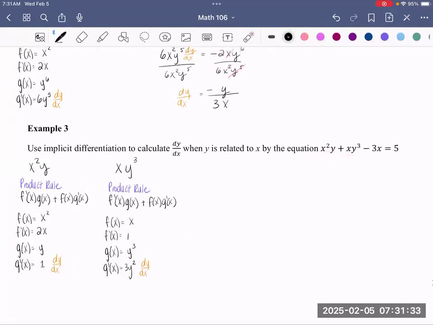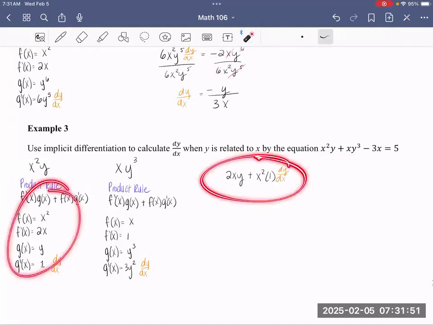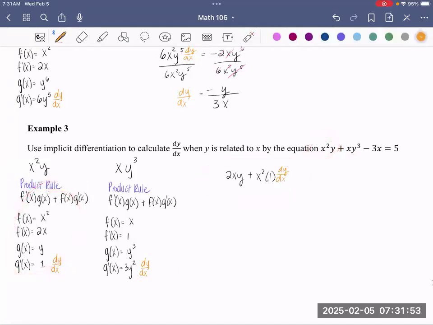So when we go to bring it back together, I should have 2xy plus, let's see, x squared times 1 dy dx. So this is all from my first term here. My second term is this second product rule right here.